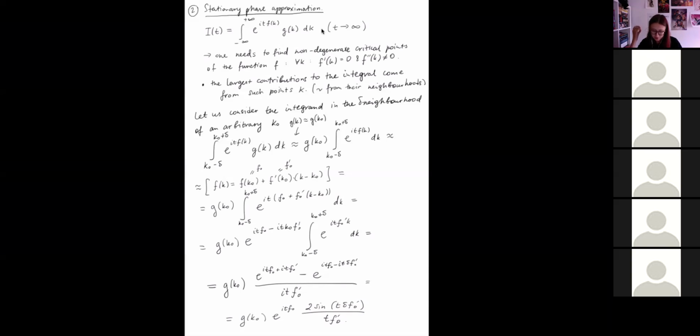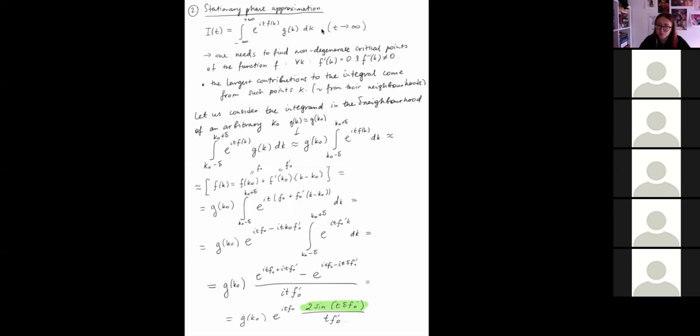Let us look at this expression more carefully. Since we're looking at the equation in the limit of t going to infinity, and also we can choose the neighborhood as small as we want, the thing in the numerator can be anything between 0 and 1.